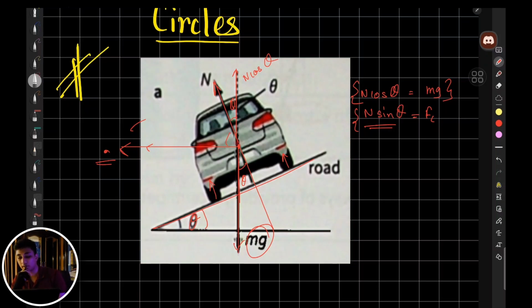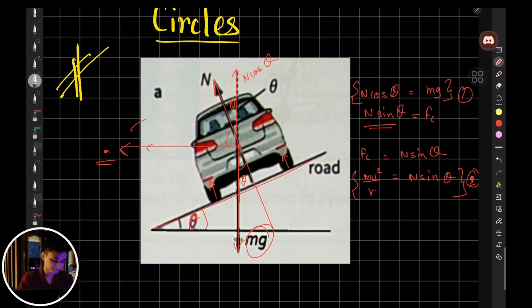Therefore, you can write that Fc equals N sine theta, meaning if you substitute the formula for centripetal force, mv squared by r is going to be N sine theta. This is another equation. So by resolving the forces, you know that the centripetal force is going to equal the horizontal component of the normal reaction force.